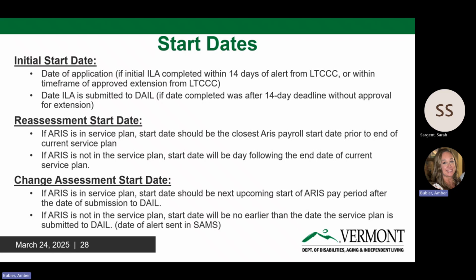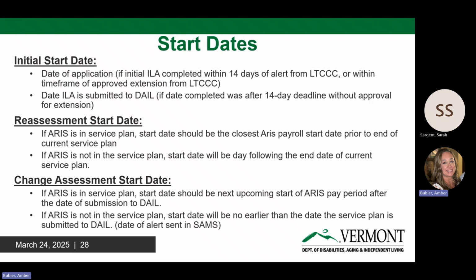When we do our clinical assessment, we formalize it into the system and we send an alert to your agency letting you know that there is a new client that needs to be assigned. You have 14 days from the date of that alert to complete your initial ILA.